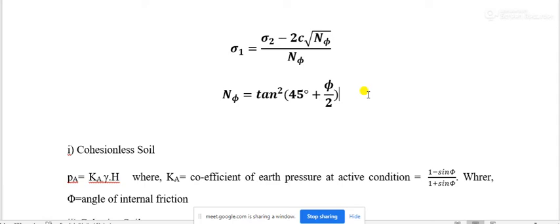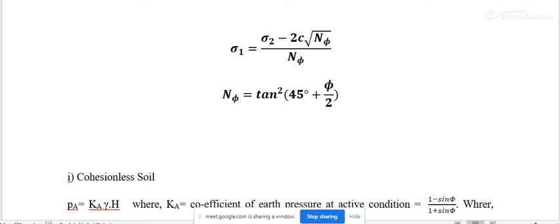Now this sigma 1 is nothing but PA, or active lateral pressure. You may replace sigma 1 by PA, P in small and A in capital.